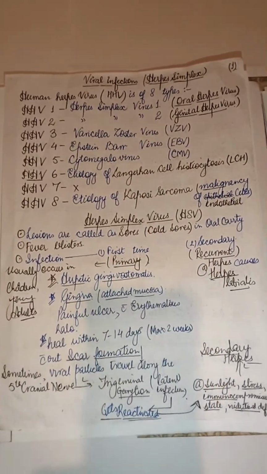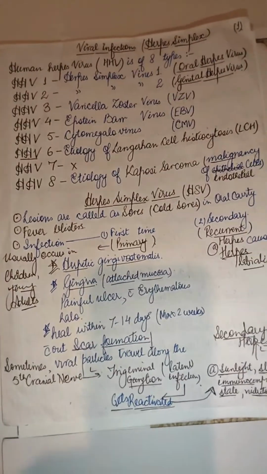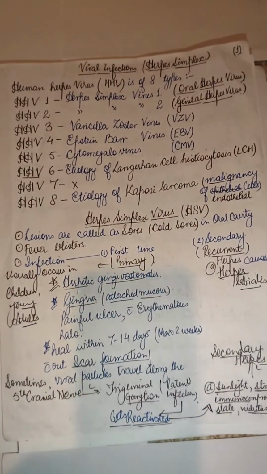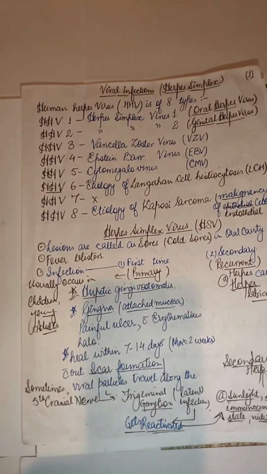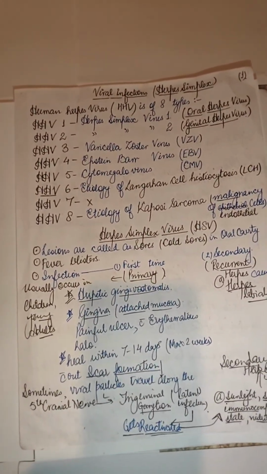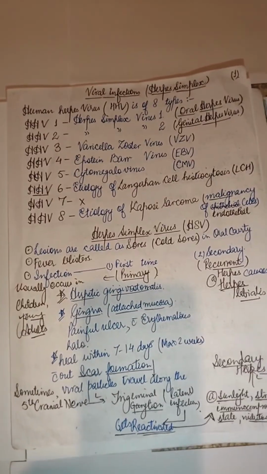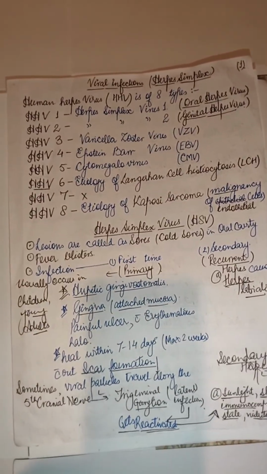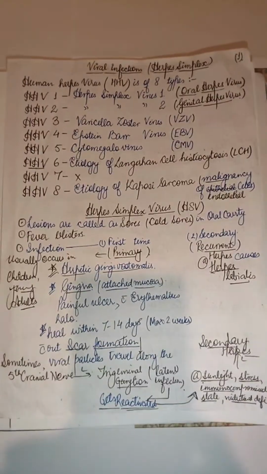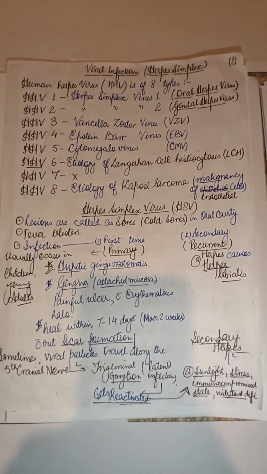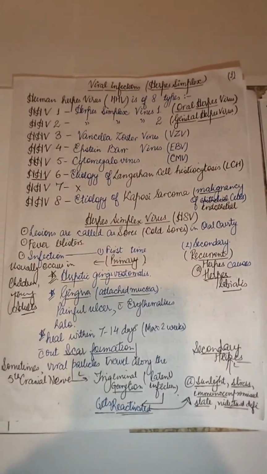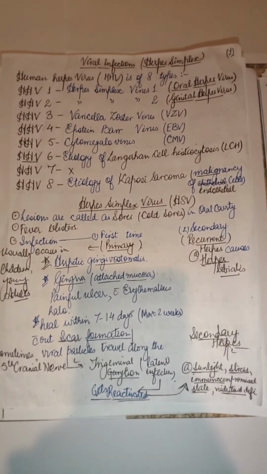Now students, starting with the human herpes virus. The lesions of the herpes simplex virus are called cold sores in the oral cavity, and they are also known as fever blisters.